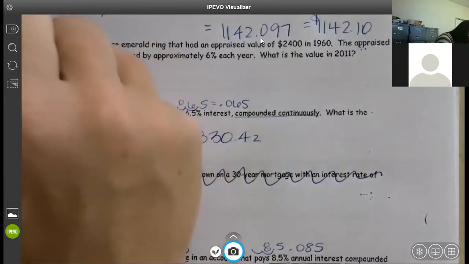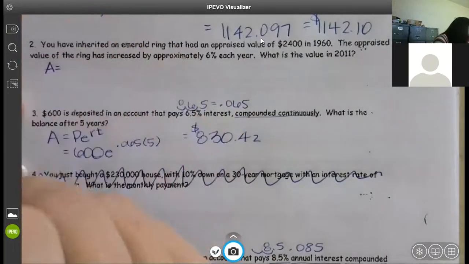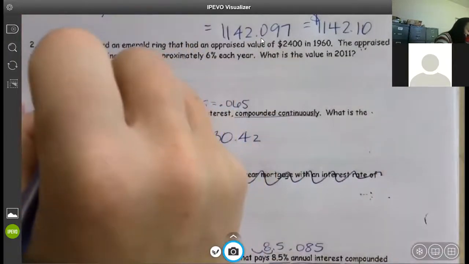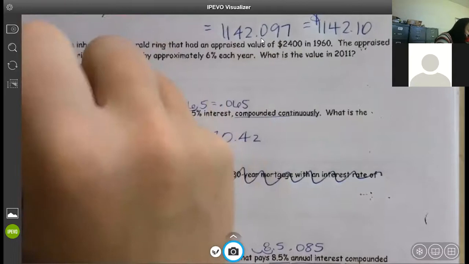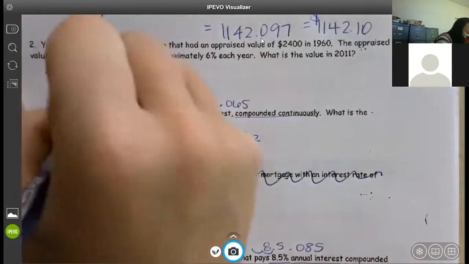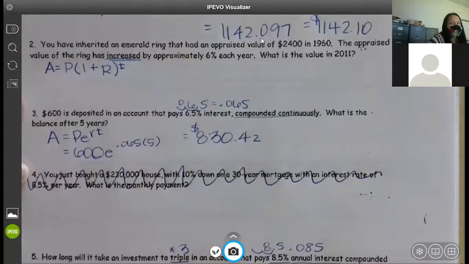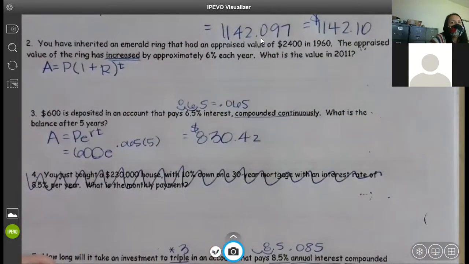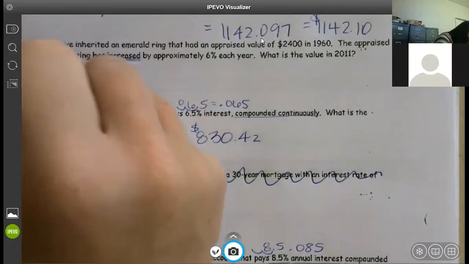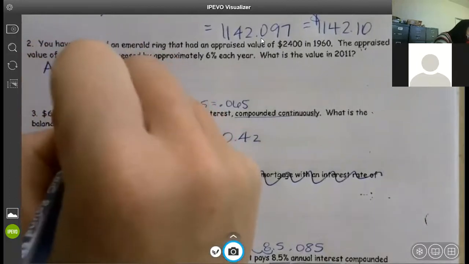Is this one growth or is it decay? Growth, because it says increased. So we're going to use plus. 1 plus R to the T. So how much was it worth in the beginning? 2,400 in 1960.